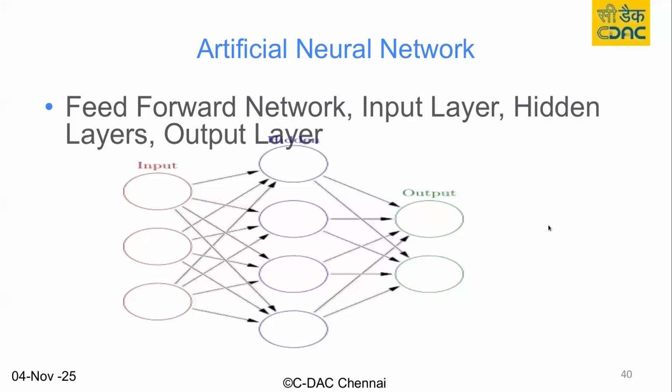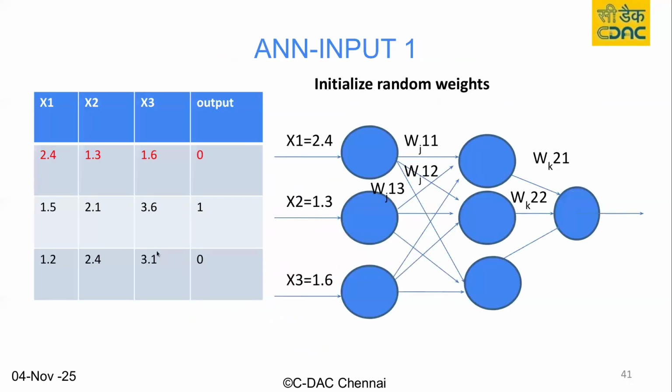Generally, output neurons will predict the probability. Suppose we are doing a classification problem to find out whether an X-ray is normal or abnormal. This neuron will predict the probability of normal, and this neuron will predict the probability of abnormal, provided the input X-ray image matrix is provided to the input neurons. So that's how a neural network works.